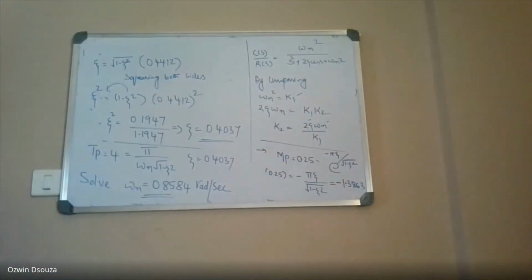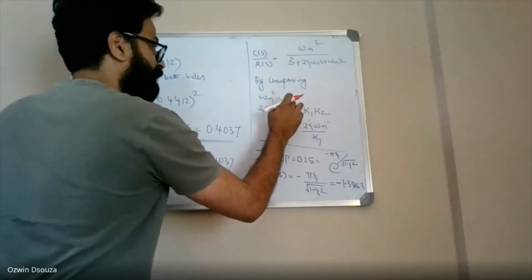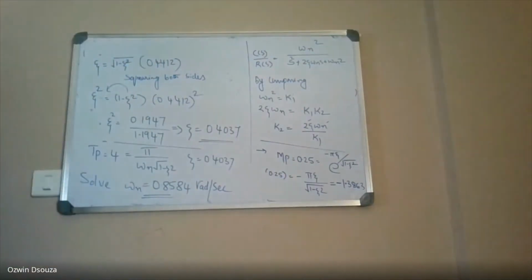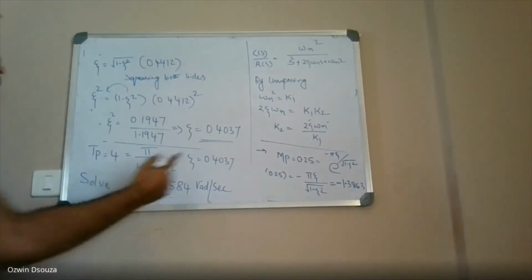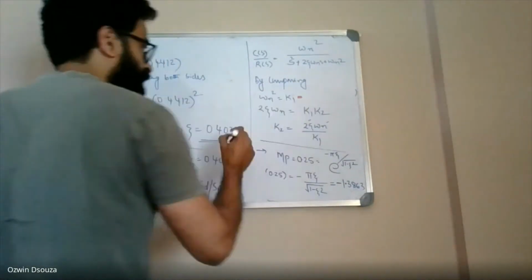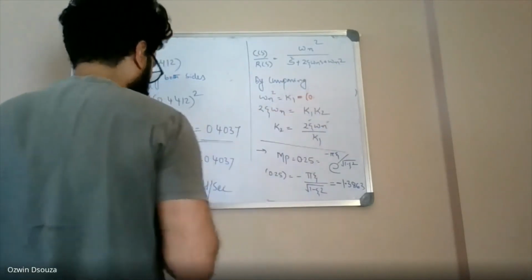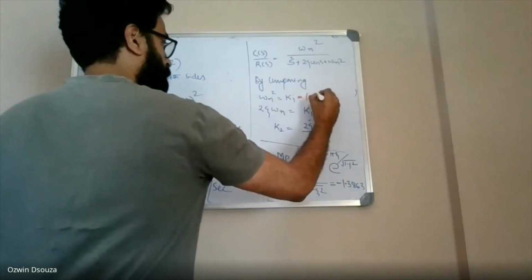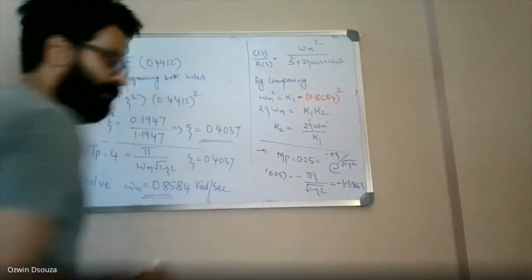Once you find omega n, you can find K1. So K1 is simply the square of omega n, that is omega n square. So K1 is equal to 0.8584 whole square, right?